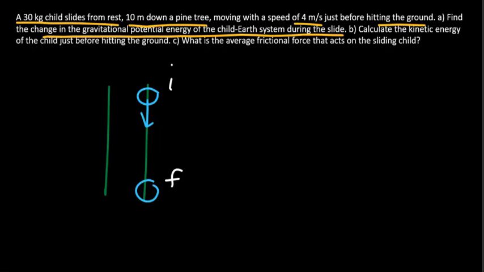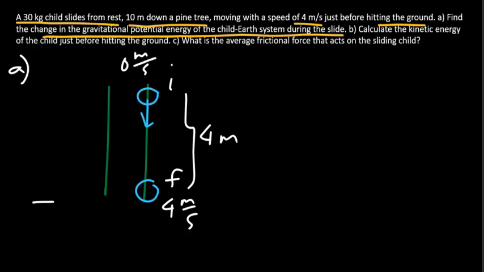At the initial location, the speed of movement is 0, there's no movement. At the final location, the speed is 4 meters per second, and the difference in height is 4 meters. So to answer part A, we can take the bottom position to be the position where the gravitational potential energy of the system is 0.